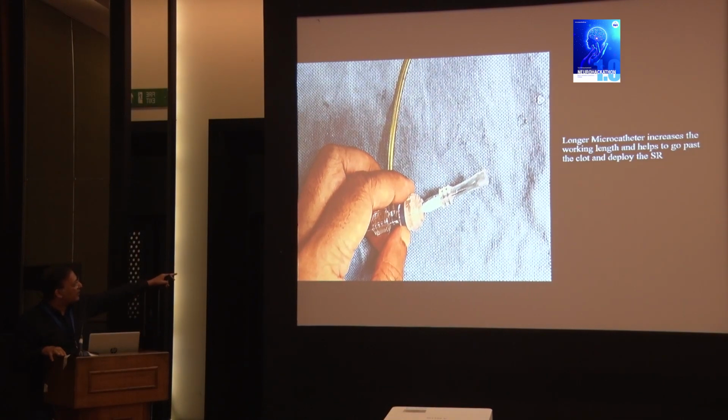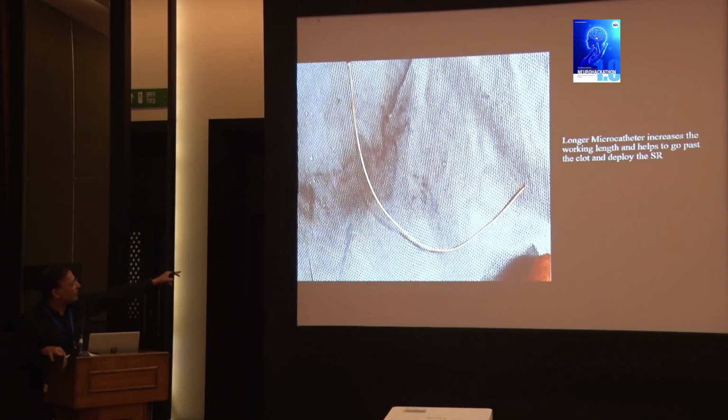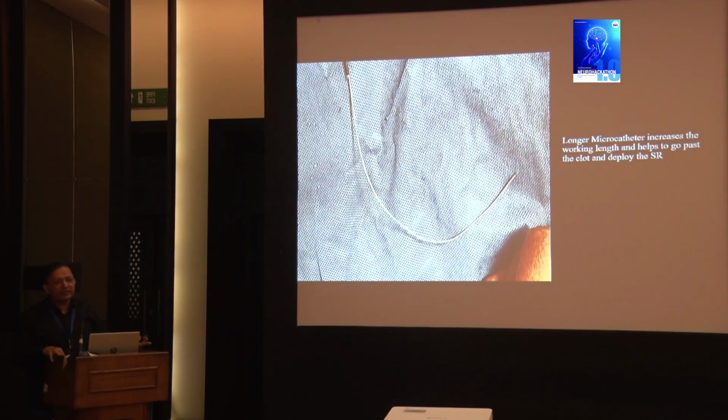You should have enough length of the microcatheter outside the aspiration catheter so that you are not bothered. You are taking as a single unit the aspiration catheter, the microcatheter inside that, and the wire inside that. You will ask about the technique: any wire will do. Most of the time you don't have to take a new wire, any wire will cross the lesion. So take it as a single step and don't bother about where it will go.